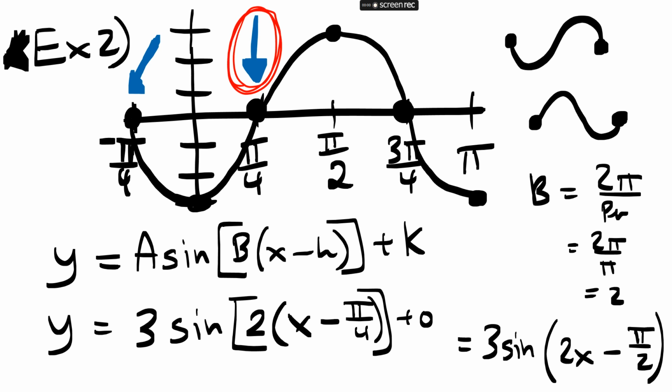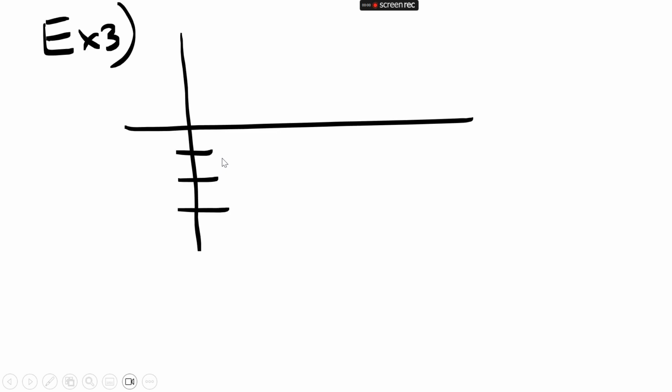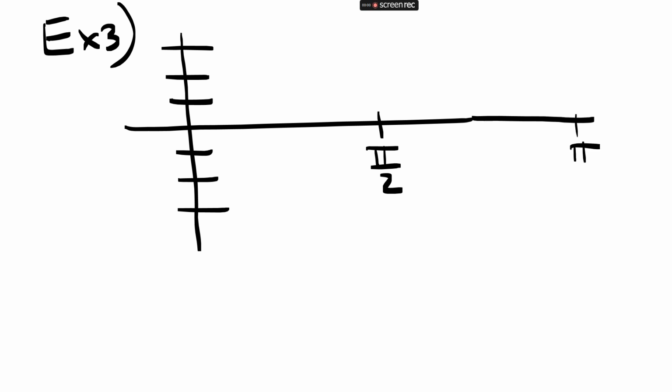Okay, I'm going to let you guys do the next one by yourself. Please try this yourself. All right, I'll give you guys a little bit of time. So exercise 3. Here's my function. Divide them into 4 pieces.